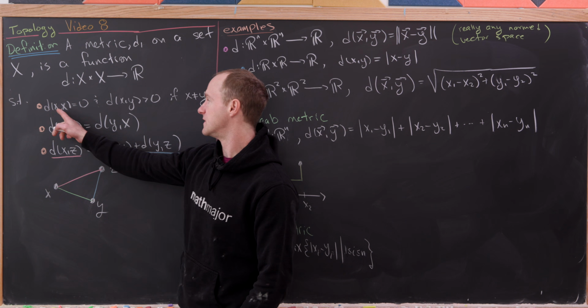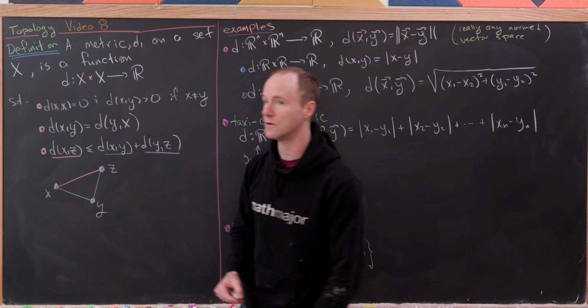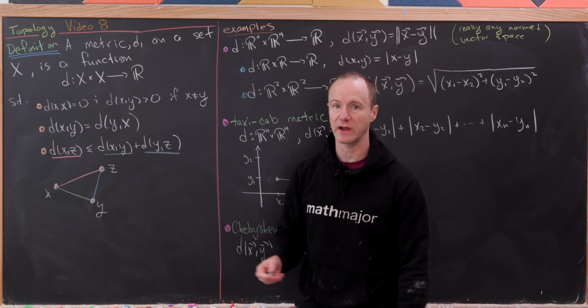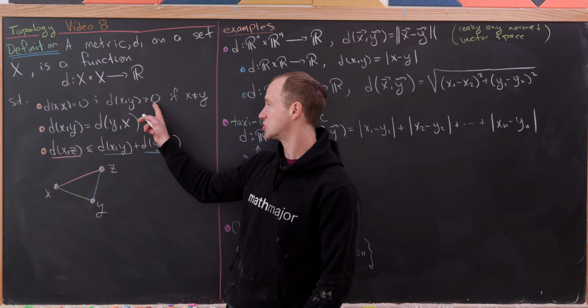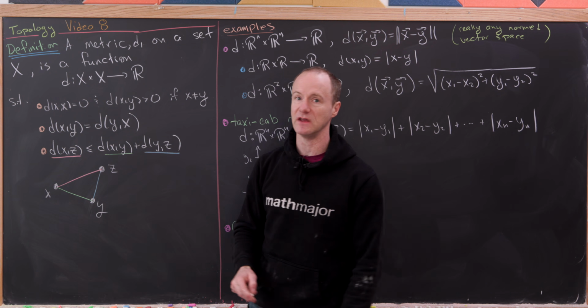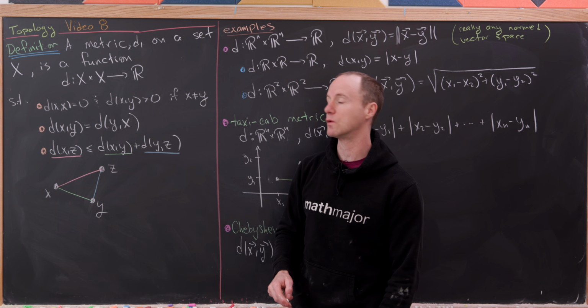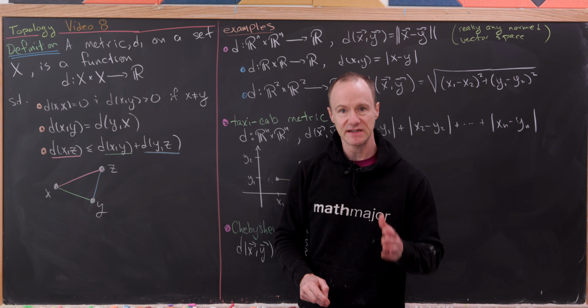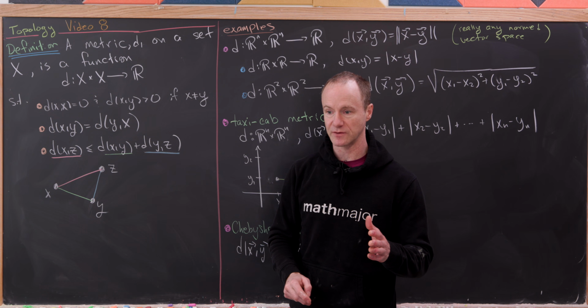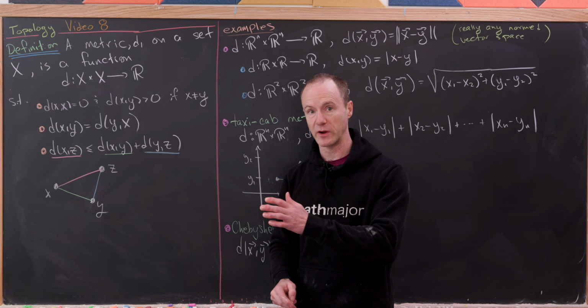First of all, the distance between a point and itself should be equal to 0. I think we can all agree upon that. And then next, the distance should always be positive if you look at two unequal points. That's what we have here. And then the distance shouldn't matter if you measure from one point to another point or vice versa.